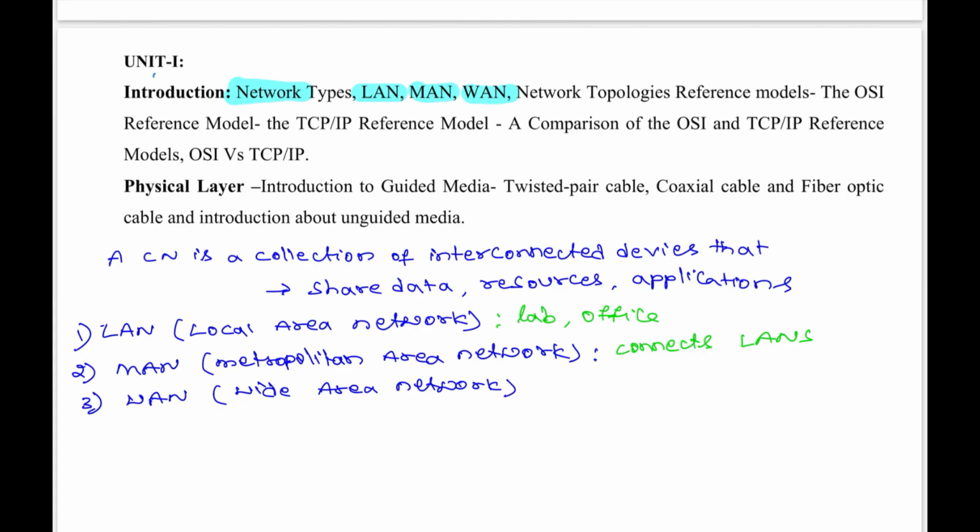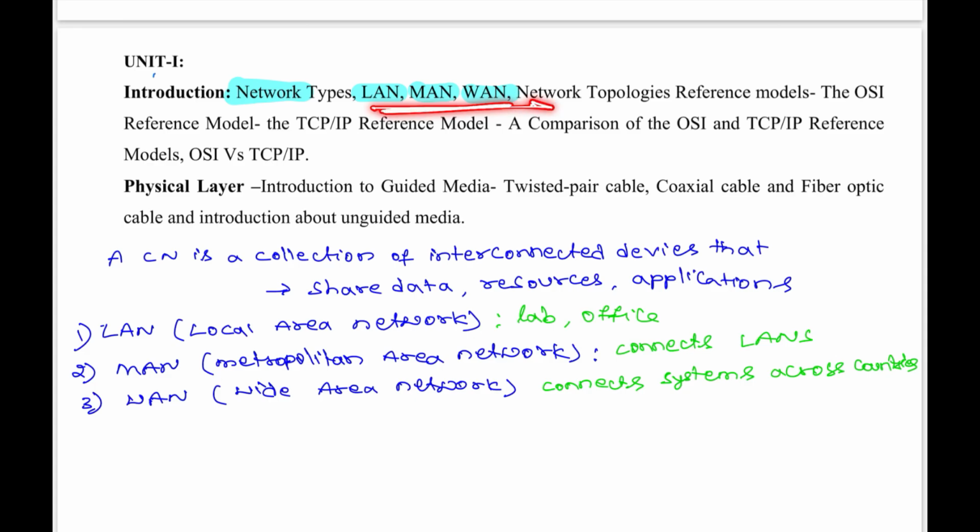It connects systems across countries, like the internet.